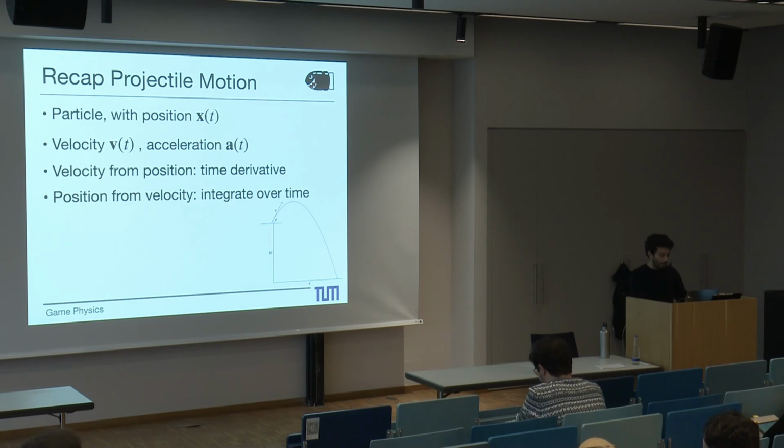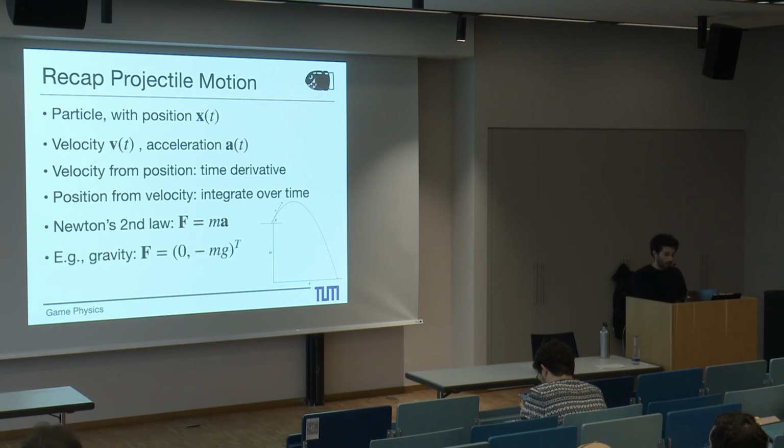And the basis for understanding how a particle or an object is moving around is Newton's second law, for which the acceleration is proportional to the forces that we are applying to our object. And one example of that is clearly gravity, that in our reference system is pointing downwards as it should be. And here we just put a picture of Newton just to remind us about that.